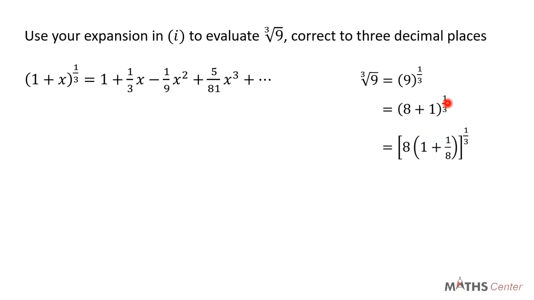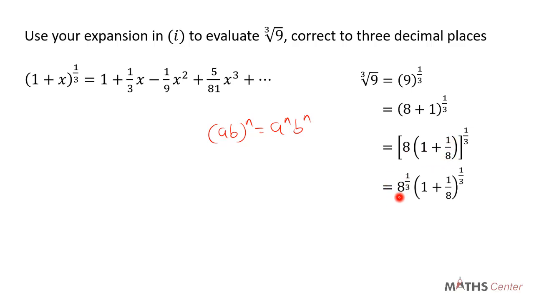Now remember, there is an exponent here, so the exponent should be here. From indices, we know that (a × b)^n can be written as a^n × b^n. So here we can give the exponent 1/3 to 8 and give it to 1 + 1/8.